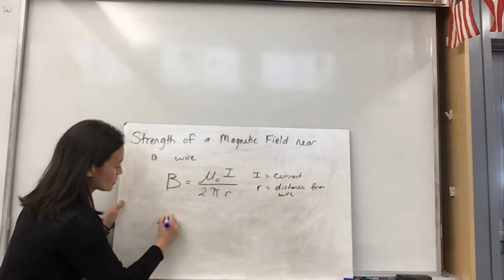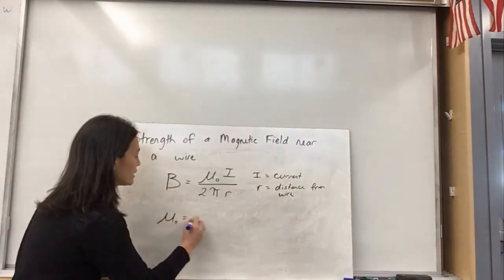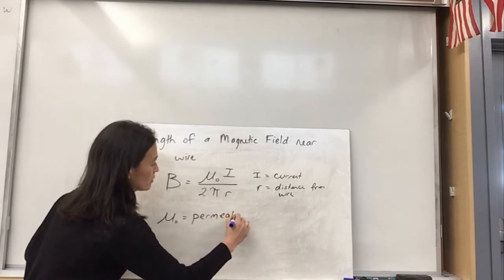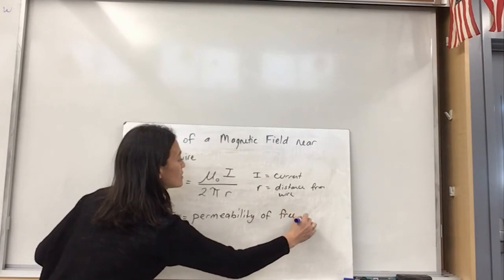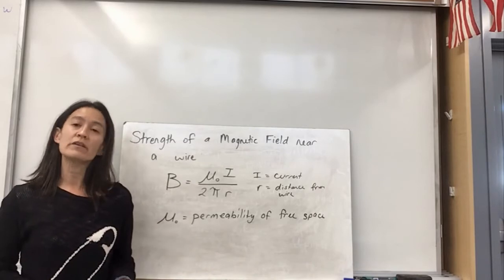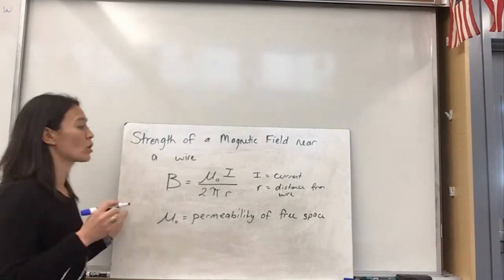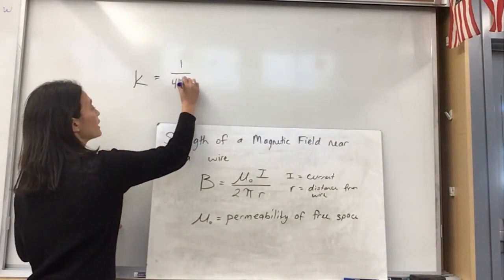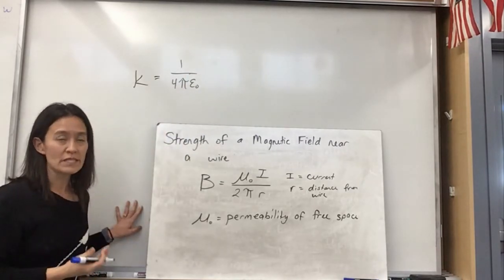And mu naught is a new constant. Mu naught is the permeability of free space. It's very similar to our epsilon naught value that we saw with electrostatics when we had the k equation. If you recall, k was equal to 1 over 4 pi epsilon naught, and epsilon naught was 8.85 times 10 to the negative 12.